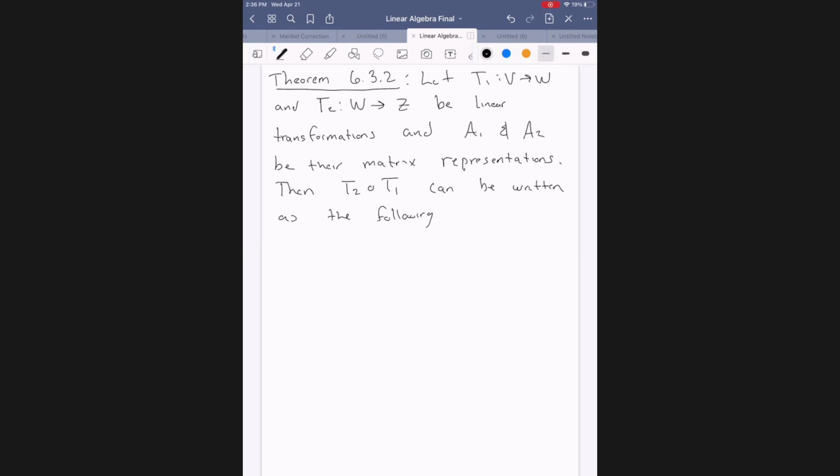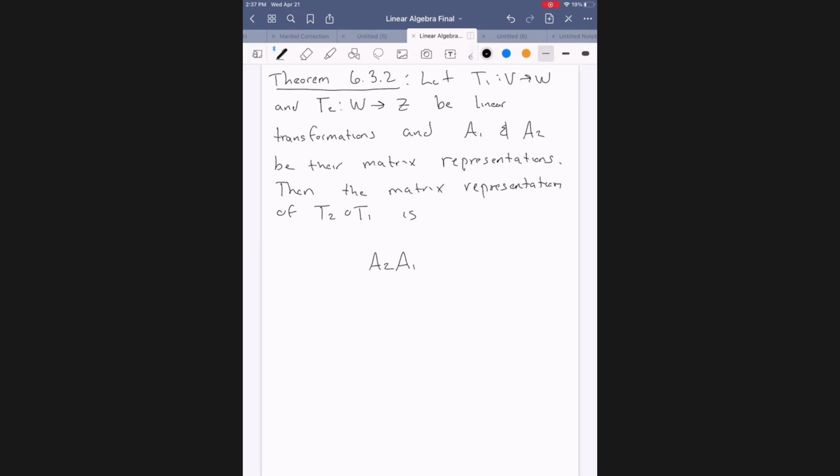So basically this multiplies matrices. Or, even better: then the matrix representation of T2 composed with T1 is, okay, so you're going to go from B to B2, so it's just A1 times A2, basically.